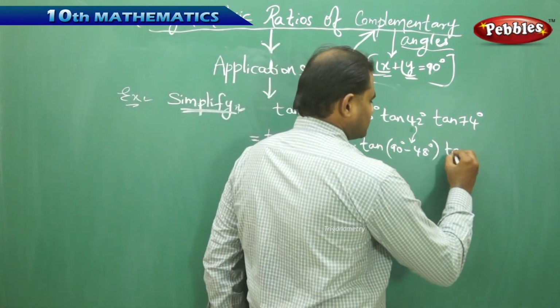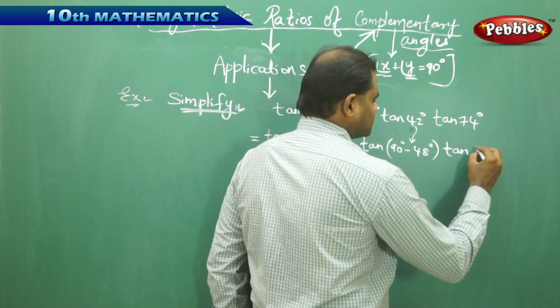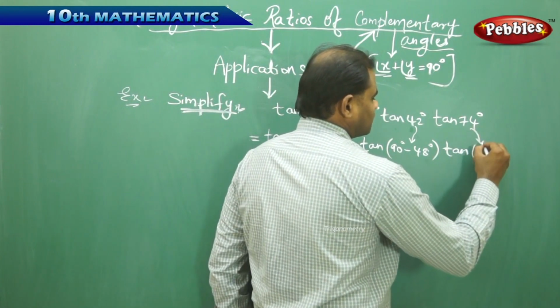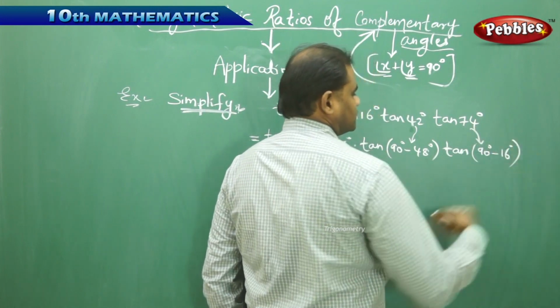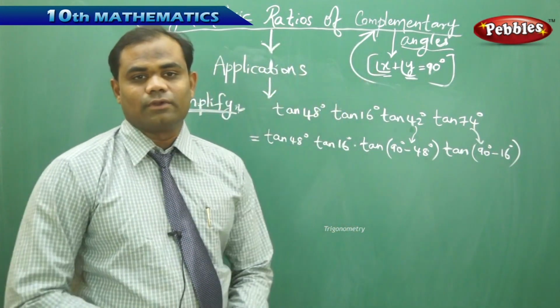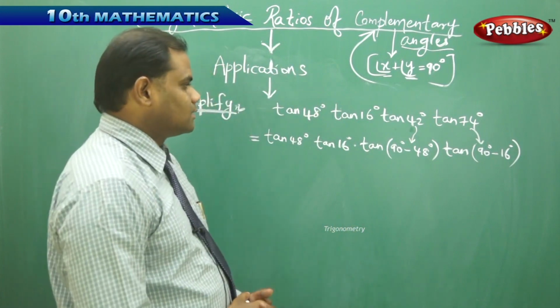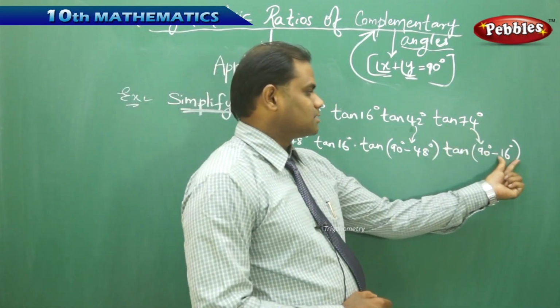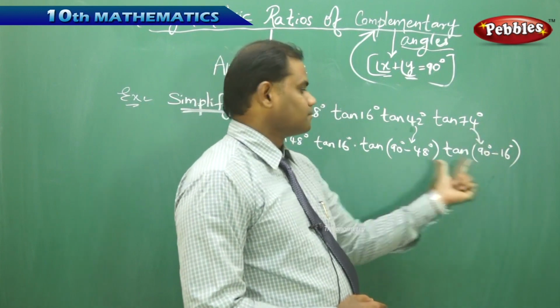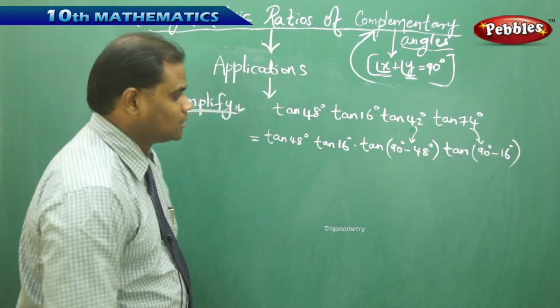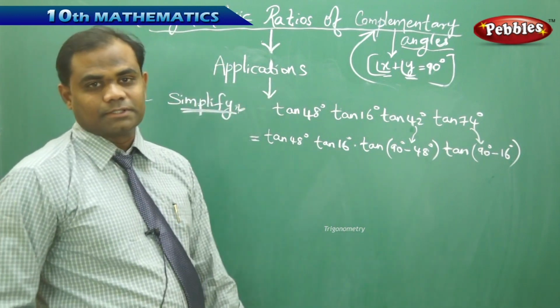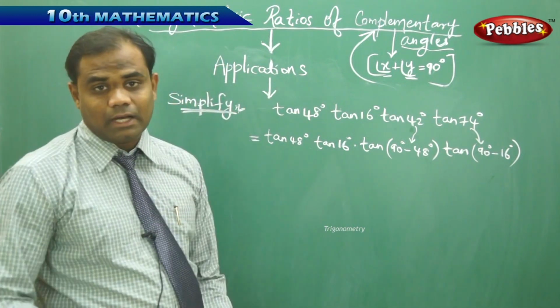Similarly, I take the last trigonometric ratio and write this 74 as 90 minus 16, which gives me 74 degrees. So my 74 degrees being 90 minus 16 is substituted in place of this, and this is transferred as 90 minus 48. So, without disturbing the whole expression, let's see what exactly would be the outcome.